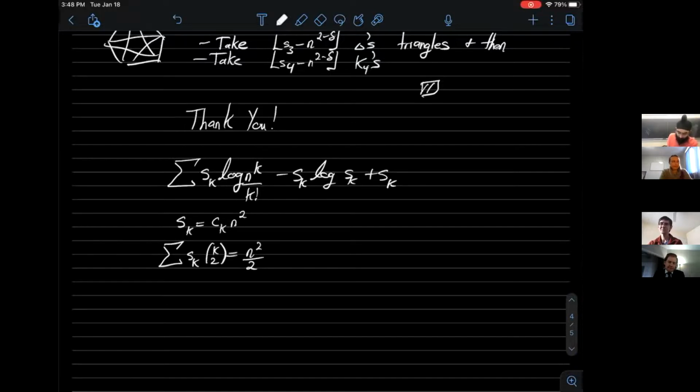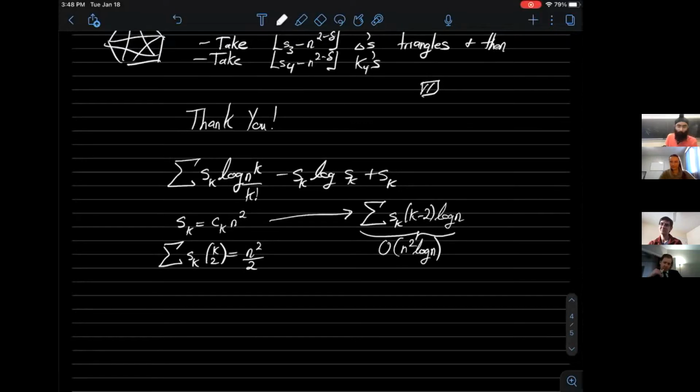If you plug this in to leading order, this optimization comes out to something like the sum of sk times k minus 2 times log n. So this is on the scale of n squared log n, if you just want to be that accurate. So now this is a linear optimization problem.